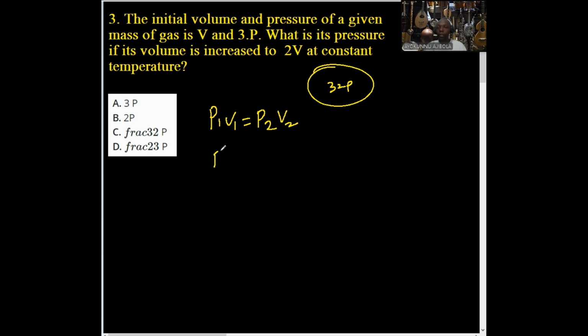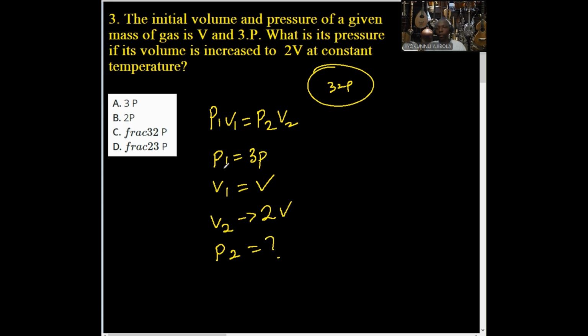Pressure 1 has been given as 3P, while volume 1 is still V. But volume 2 increased to 2V, while pressure 2 is what we're looking for.